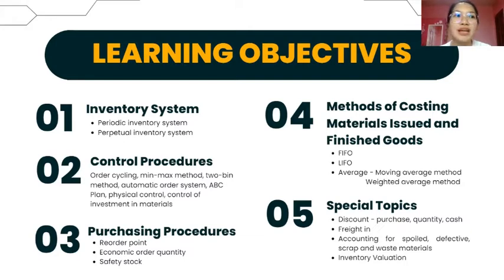So we will learn how to journalize them, and whether to charge them to all production or just to that specific job. And then also the inventory valuation. So we will learn how to measure inventory based on the standards. So I hope you're ready.